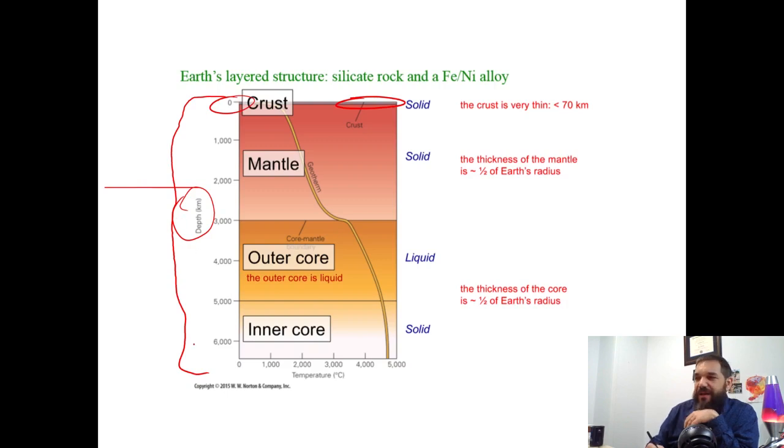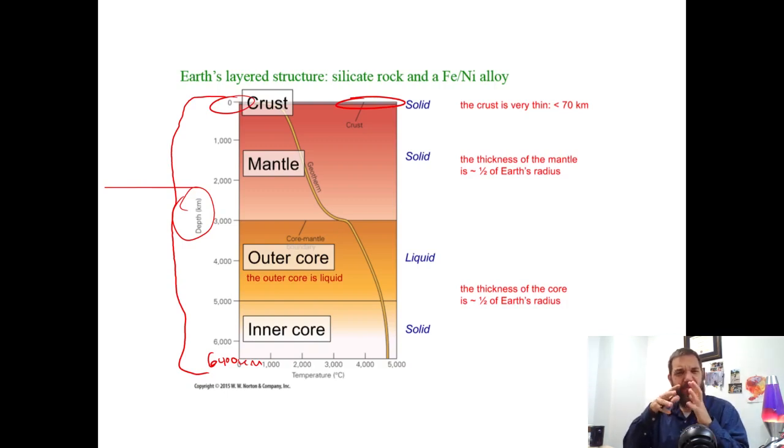The very center of the Earth is 6,400 kilometers depth on average. Of course, you have to remember that Earth isn't a perfect sphere. It's actually an ellipsoid, so the depth to the center depends where you're at on Earth's surface. But on average, it's around 6,400 kilometers deep.